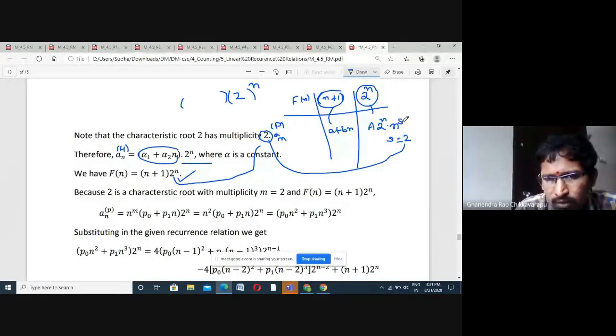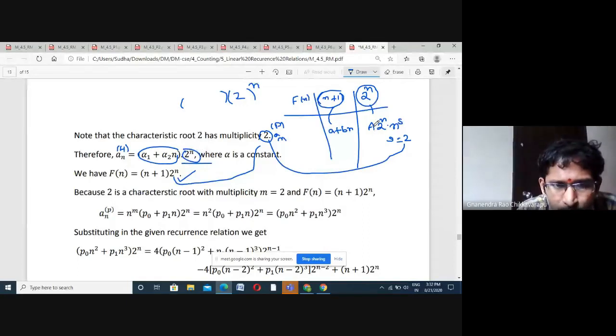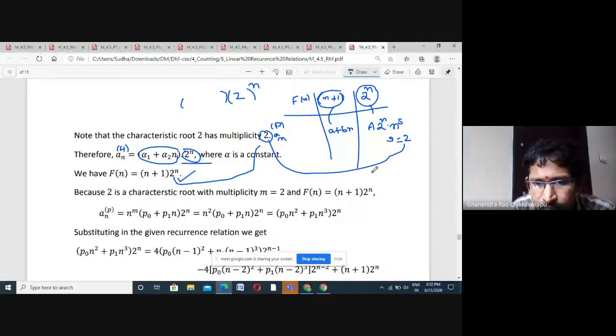Now have a look at whether these are in the sum or in the product in f of n. Because in f of n these are in the product, that is why you need to go for their product. So that means anp will be of the form something like this: p0 plus p1 into n, just like a plus bn, into 2 power n.